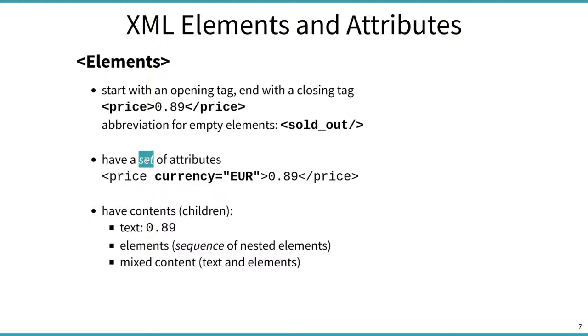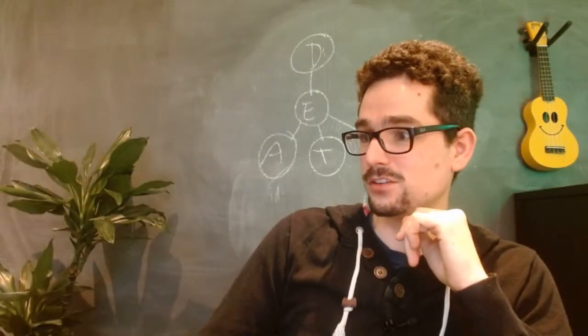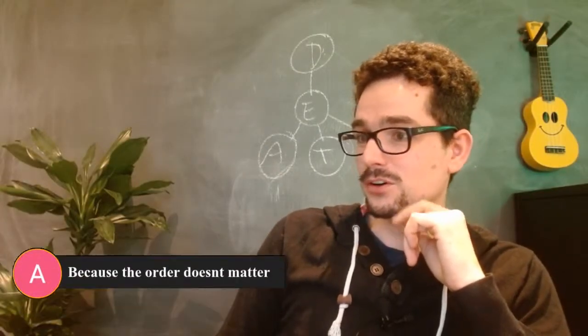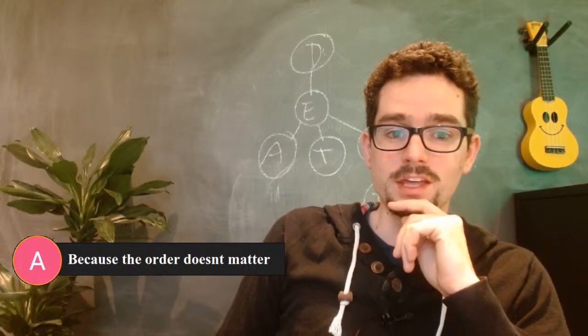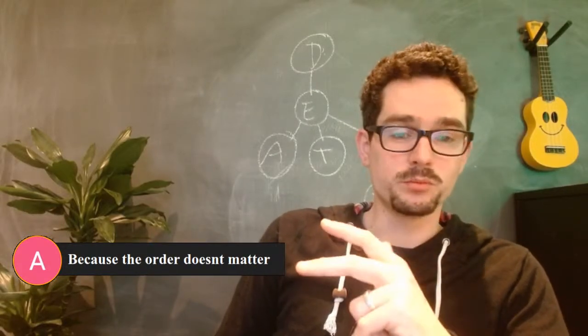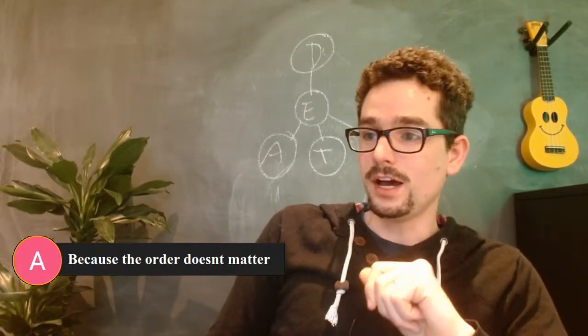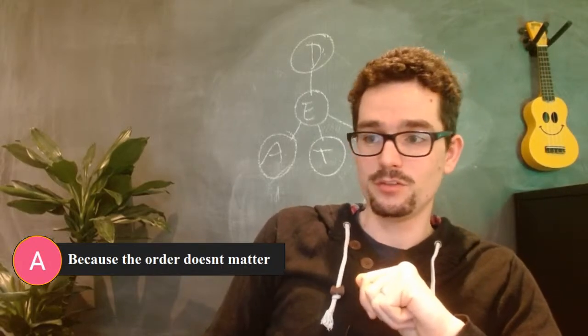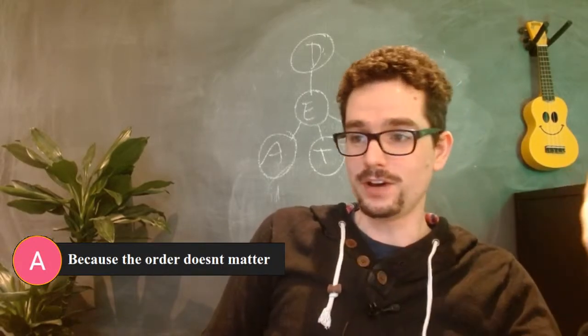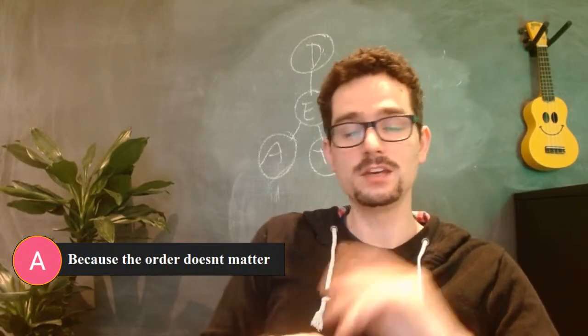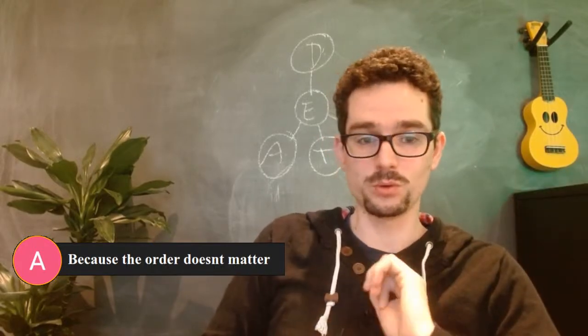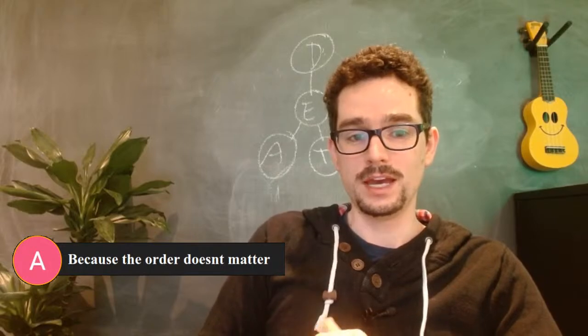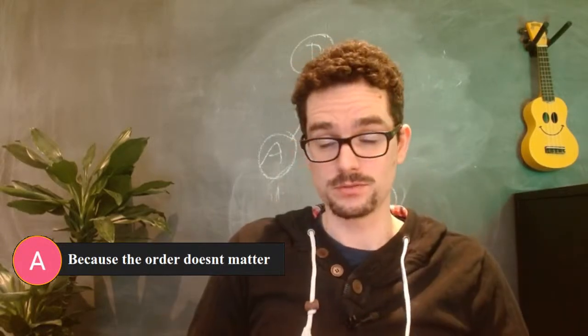When I say set, everything is clear, because absolutely right, the order does not matter. Attributes are not ordered. When you have an element with 5 attributes, you cannot say give me the first attribute, then the second one, then the third one. Attributes have names.